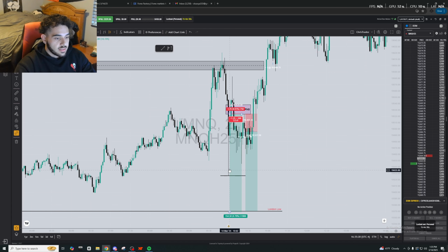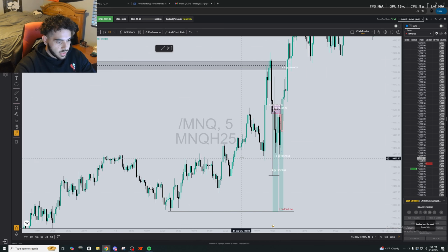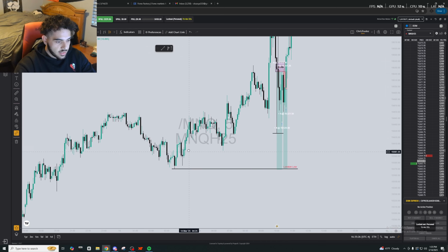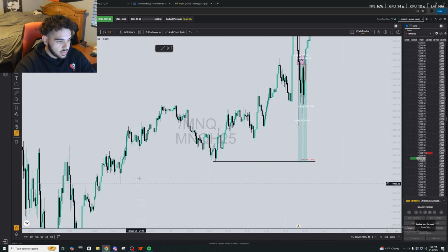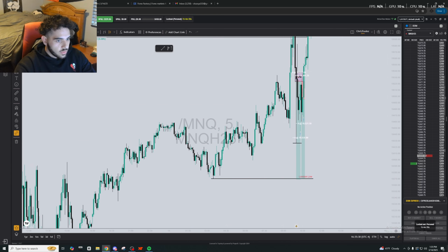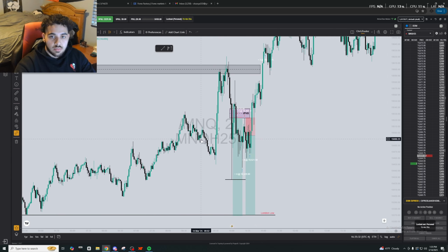So we created this data low down here, and alongside this we had plenty of stacked lows. We had London, we had Asia lows down here. So overall, I was looking bearish because especially this 1 hour, we clearly respected it. You see all the wicks, the closure, it's all respecting that 1 hour.